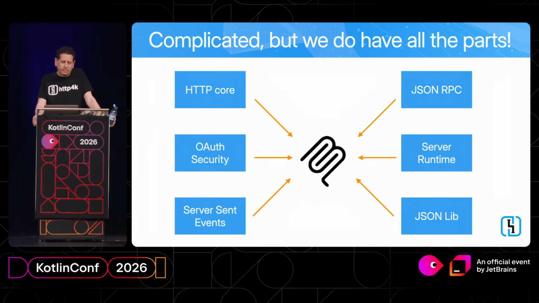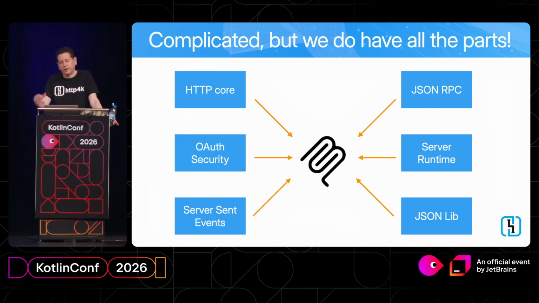So that was complicated. But luckily, we did have all the bits. Because HTTP at the point of MCP creation had about, I think, probably 180 modules or so. We had all the component bits that we needed to actually create. So we had server-sent events. We had support for that. We had JSON RPC library. We had OAuth security.